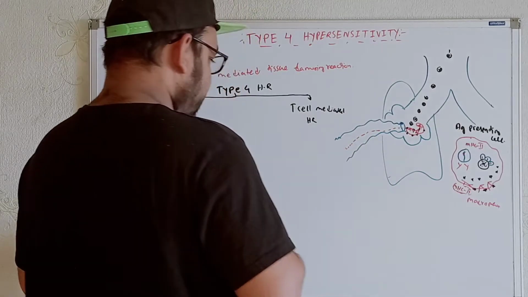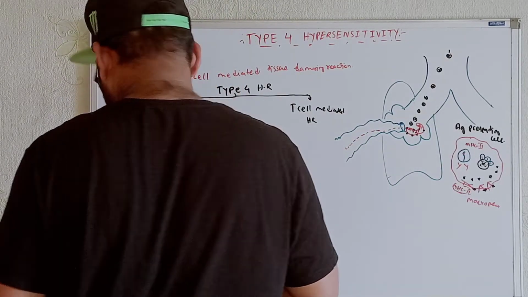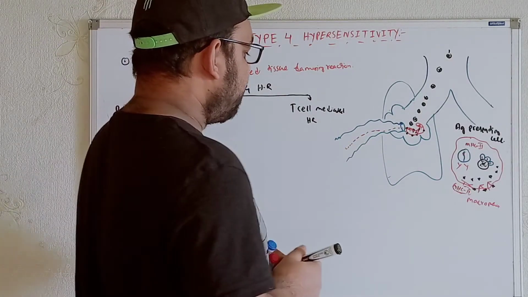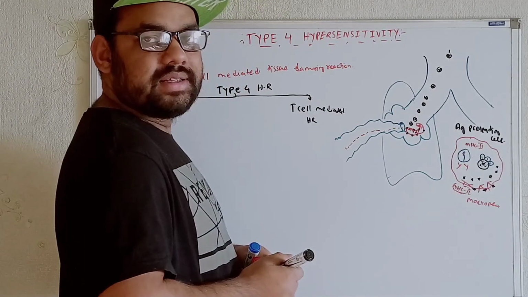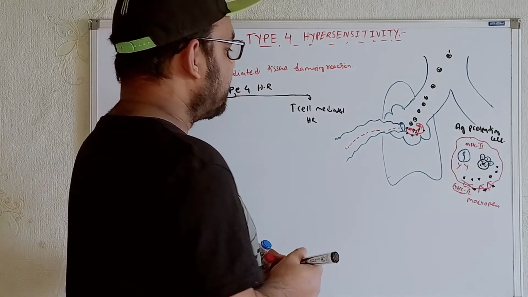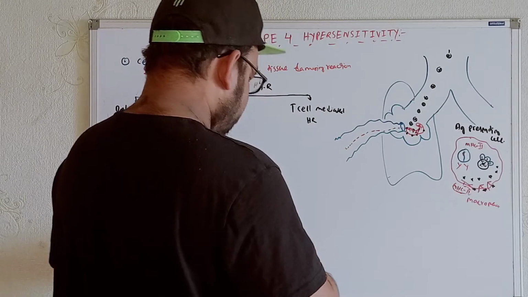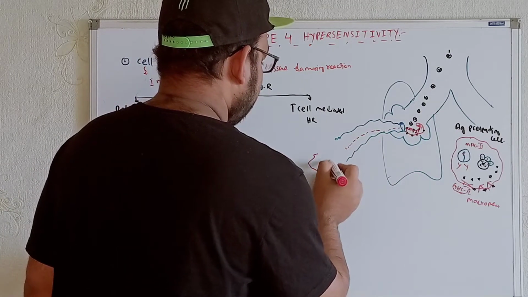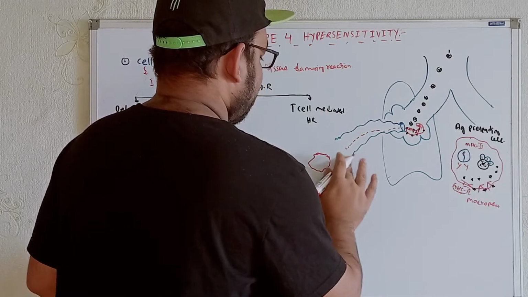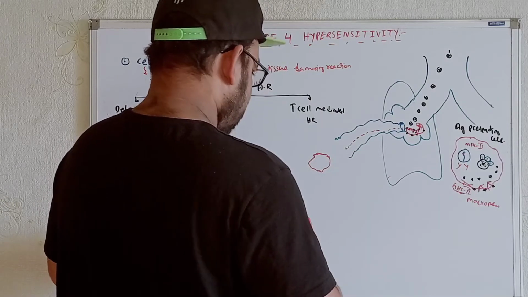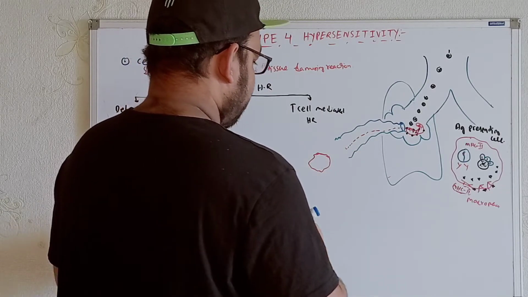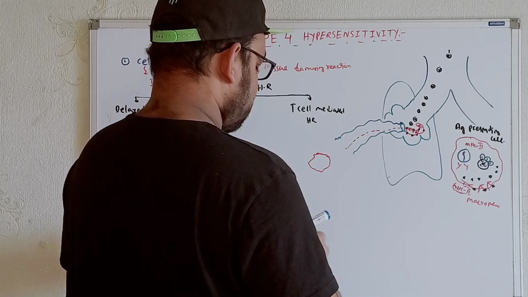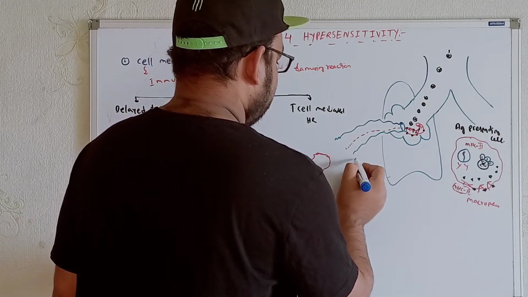And whenever it comes to the lymphatic system, as we know, within the lymph nodes there is the presence of T cells, right? Now if I represent the macrophage over here, this is the macrophage, and if I represent the T cells with this color only.